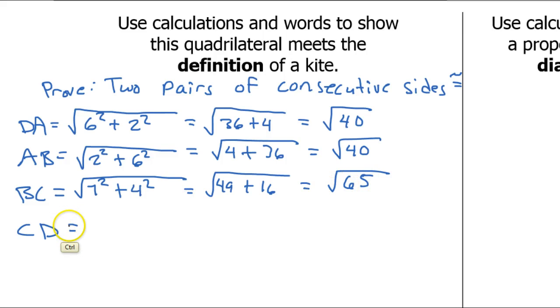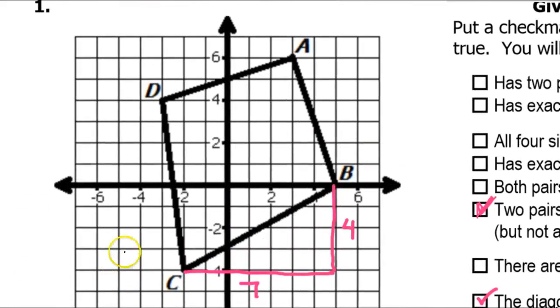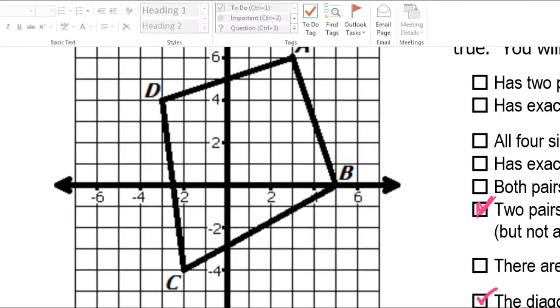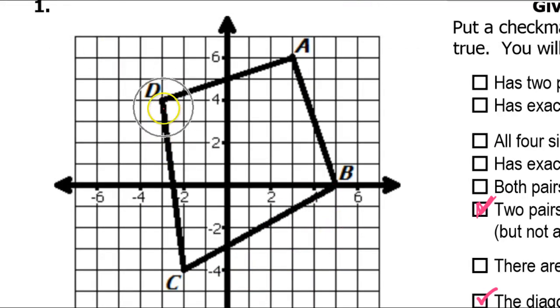All right, now let's look at CD. I got this tall, skinny right triangle that has CD as the hypotenuse. So I see a 1 down here, and I've got 4, and I've got another 4, so that's going to be 8.